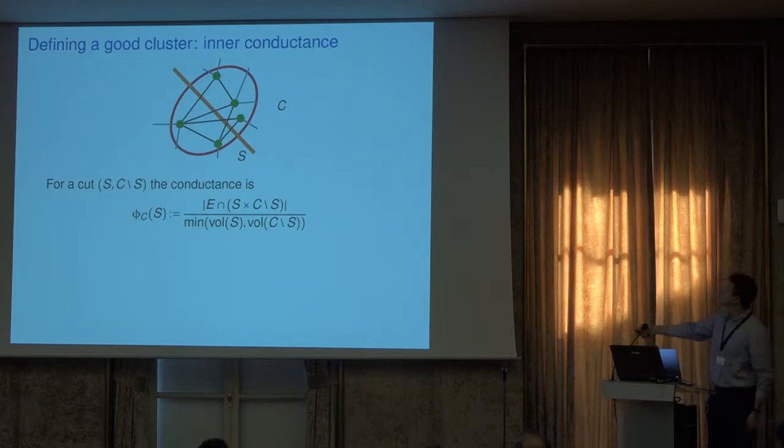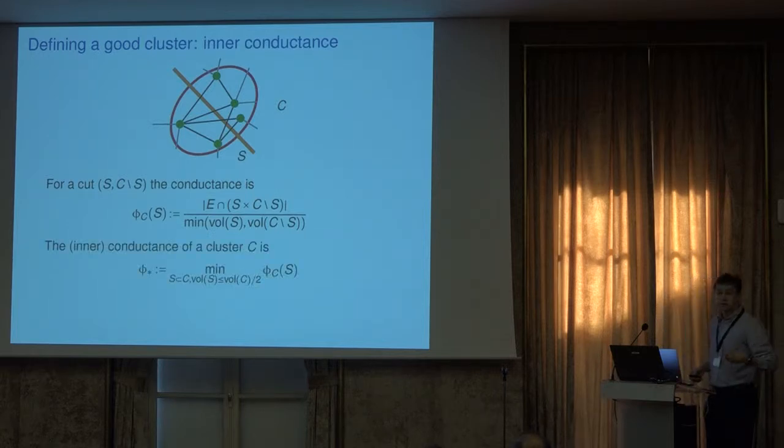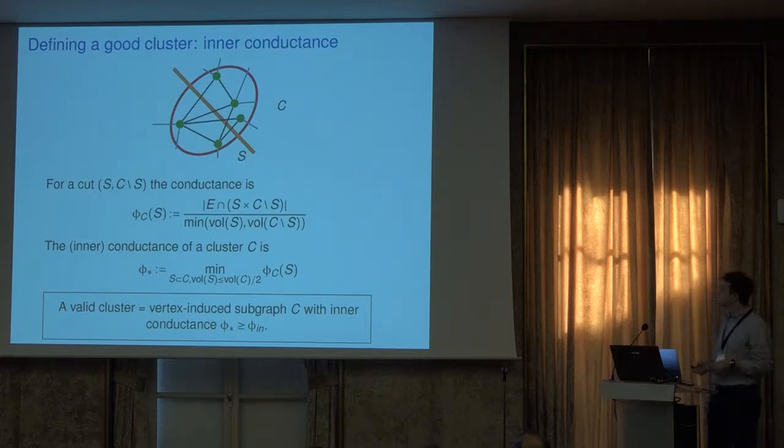And note that here the volume is with respect to the degrees in the ambient graph, not the degrees in the induced subgraph. Well, the inner conductance of a cluster is simply the minimum of conductances over all the cuts. And for us, a valid cluster is a vertex-induced subgraph C with inner conductance lower bounded by some parameter phi_in.